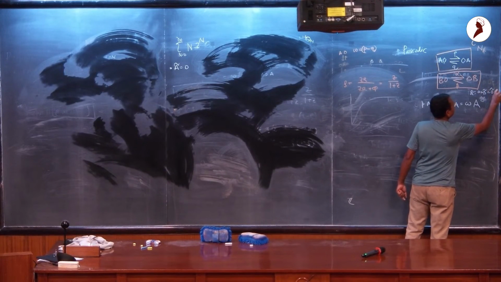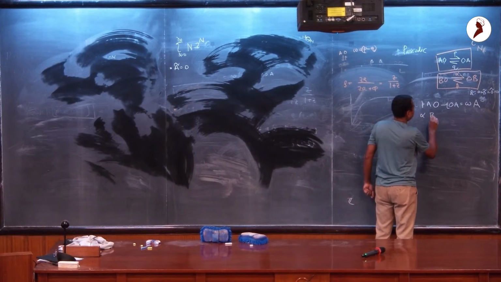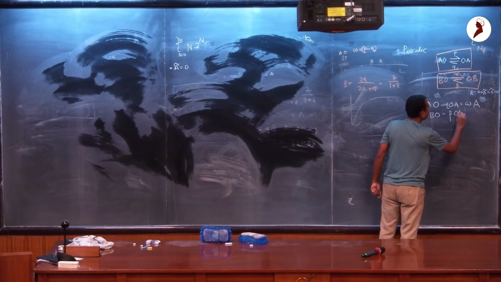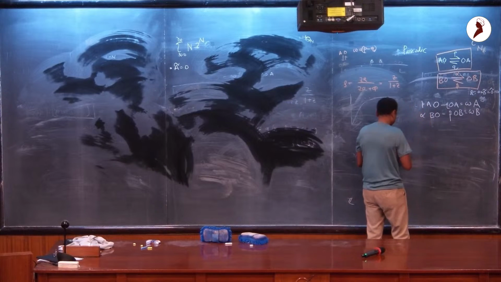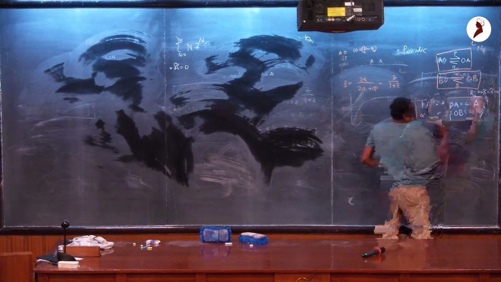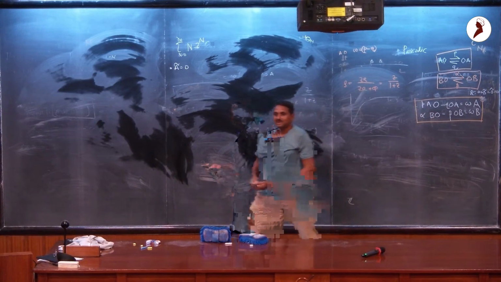Then the next equation will be alpha B0 minus beta 0B equals omega times B. Now, can you find a solution?